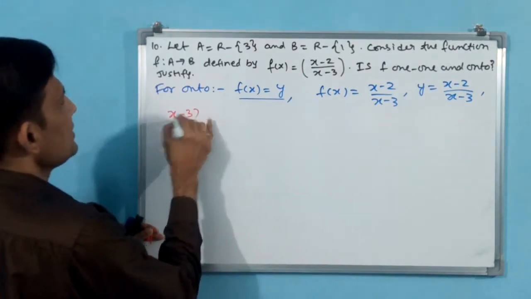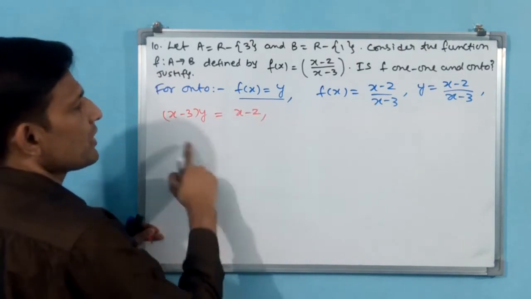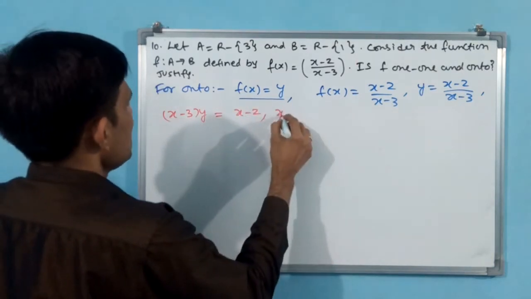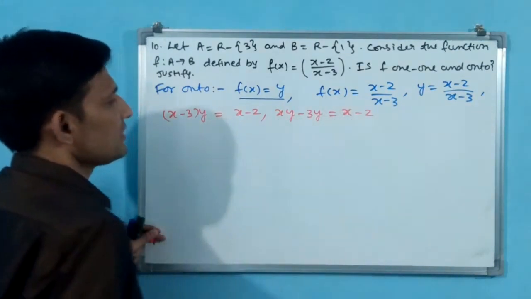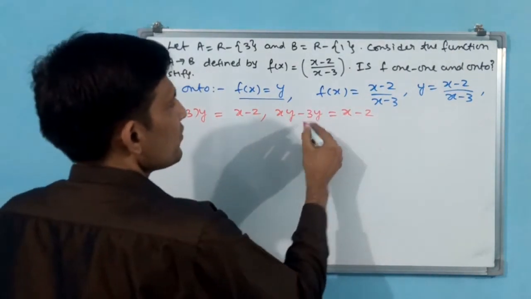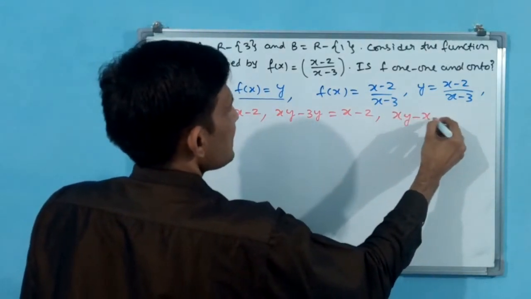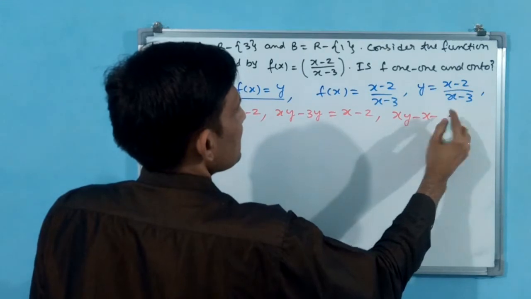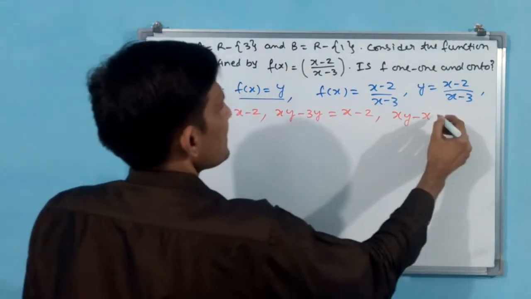x minus 3 into y is equal to x minus 2. Okay, this is okay. Then xy minus 3y is equal to x minus 2. This is also okay. What we do? We send 3y that side: xy minus x, only x you send this side.